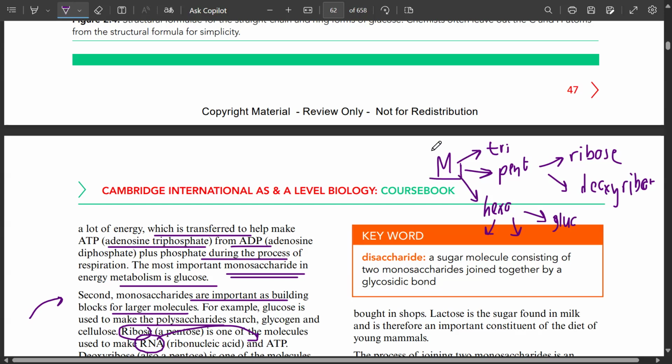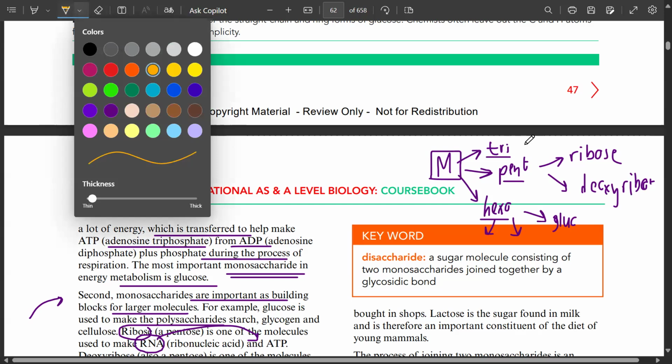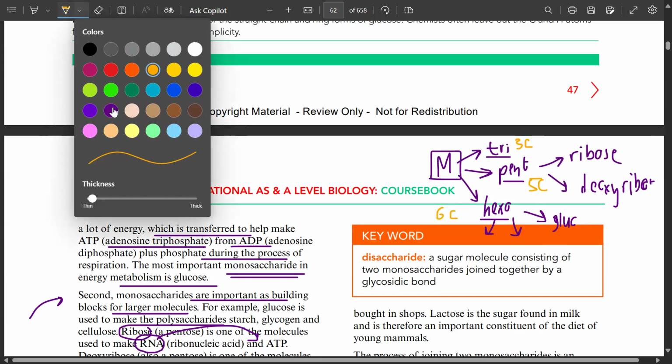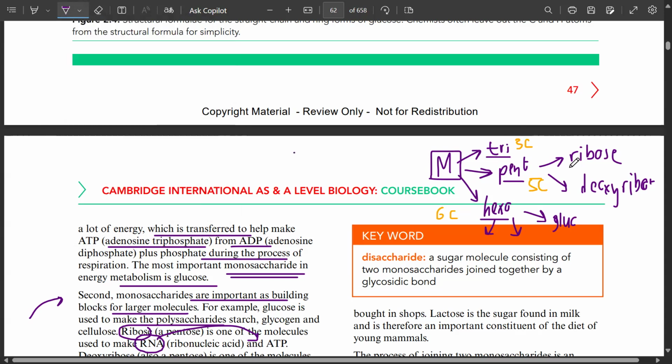This classification is important. Listen again. Monosaccharides exist as trioses, pentoses, hexoses. Trioses means what? The 3 carbon compounds. Pentoses means 5 carbon compounds. Hexoses means 6 carbon compounds. We are not going to study trioses. Pentoses, 5 carbon compounds, have two examples: ribose and deoxyribose.